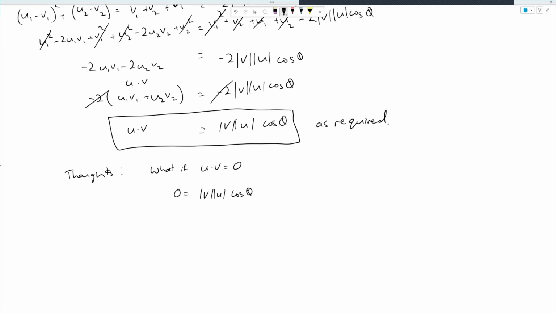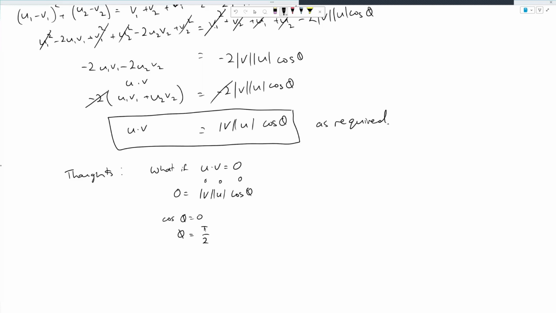What would this mean? It would mean that either one of the vectors is literally a 0 vector, so this could be 0, this could be 0, or cosine theta would equal 0. More than likely, cosine theta is going to be 0, because if the vector was actually 0, you wouldn't really care about it. But if cos theta is equal to 0, then theta would equal pi on 2.